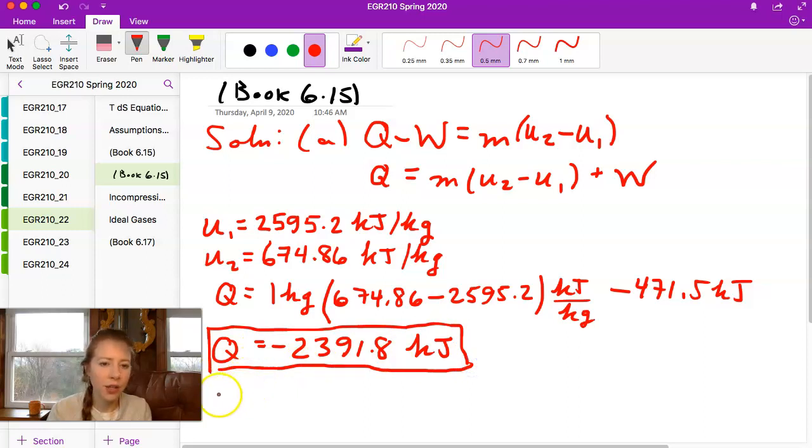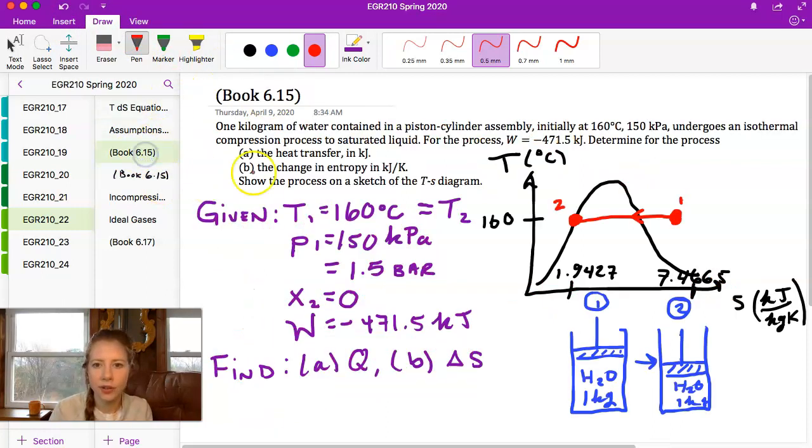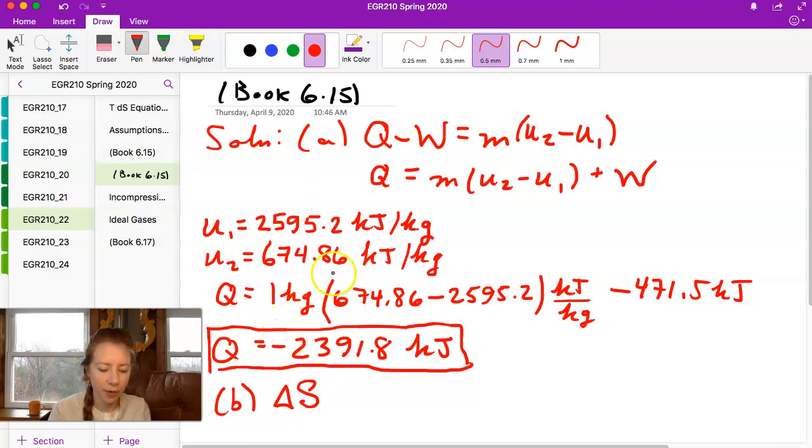And finally, let's just find delta S. This is a capital S here, so it's an extensive property. So delta S is going to equal m times the specific entropy at our final state minus the specific entropy at our initial state.